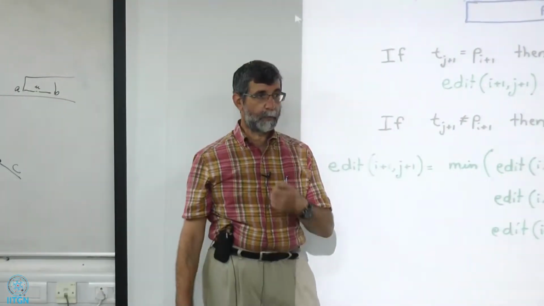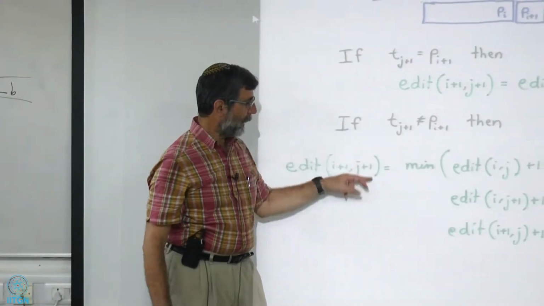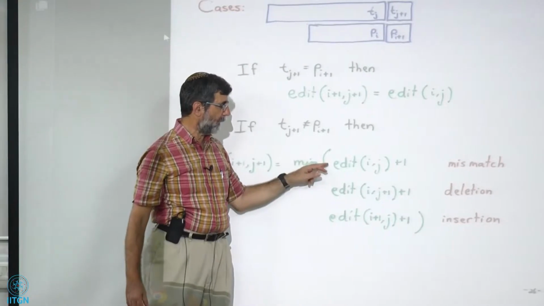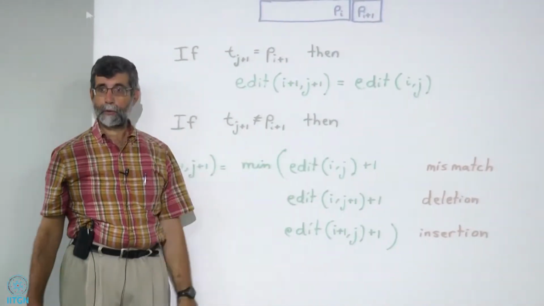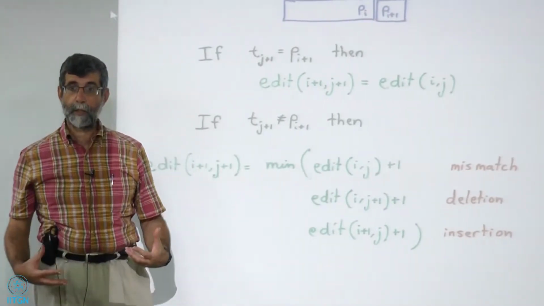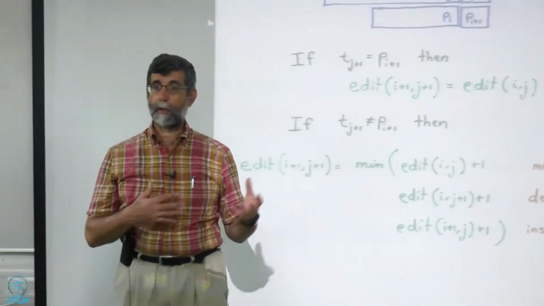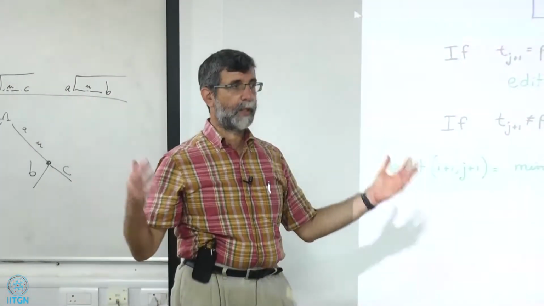So we assume that if 1 insertion is going to explain it, then that's what happened. Therefore, edit(i+1, j+1) is going to necessarily be the minimum of all of these 3 options. So that would be the recurrence. And what that means is that now, when we want to write the algorithm itself, it's a very simple filling up of a table.